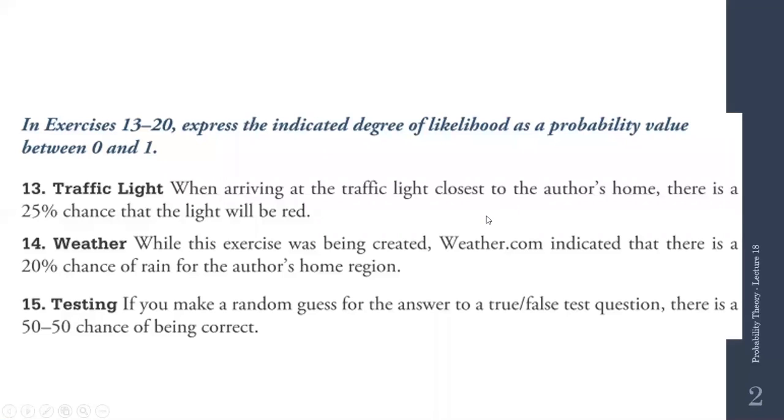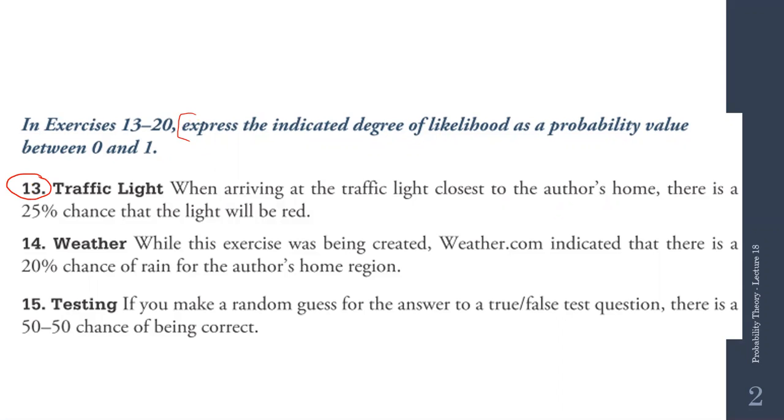Let's start with this exercise directly. Exercise 13 says traffic light. When arriving at the traffic light closest to the author's home, there is a 25% chance that the light will be red. Express the indicated degree of likelihood as a probability value between 0 and 1.